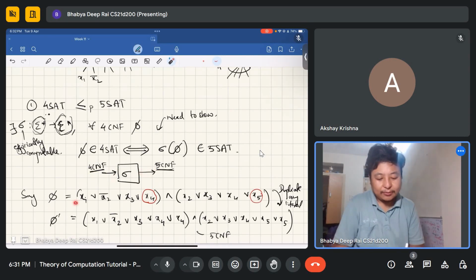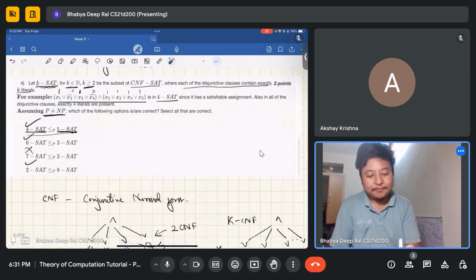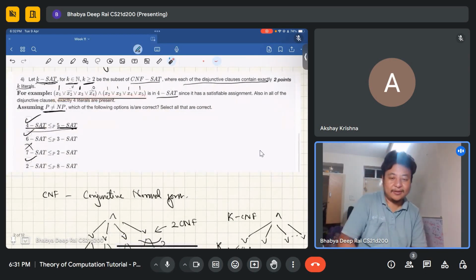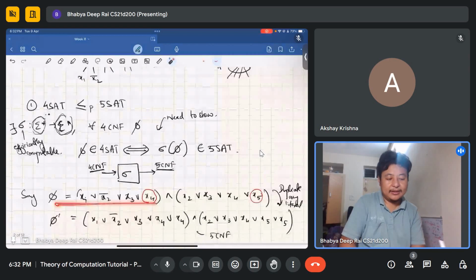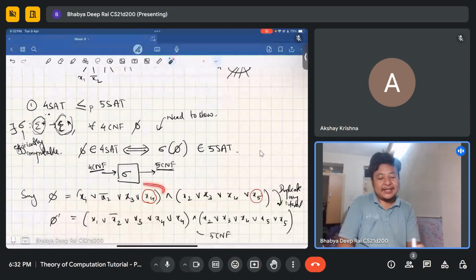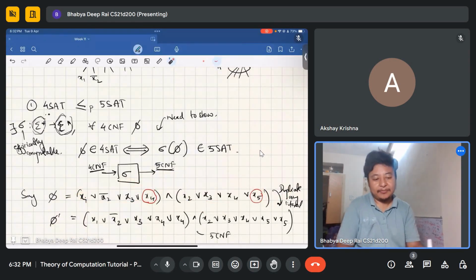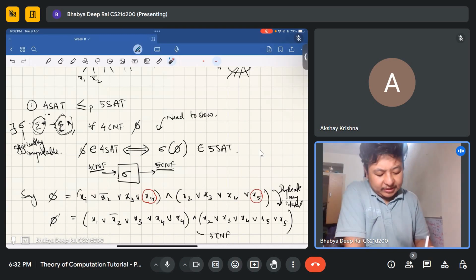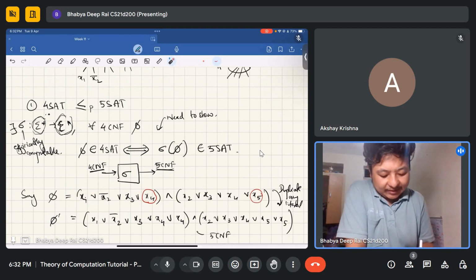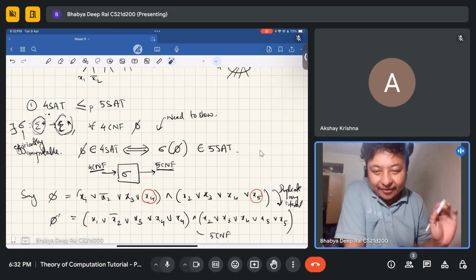What I'll do is take the same formula given here. This is satisfiable, which means that the first clause is satisfiable and the second clause is also satisfiable, because this is an AND gate here. So both of them need to be satisfiable. What I'll do is simply pick any literal here.